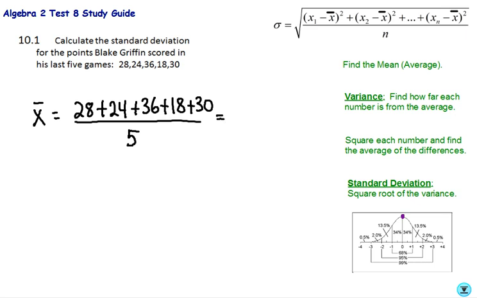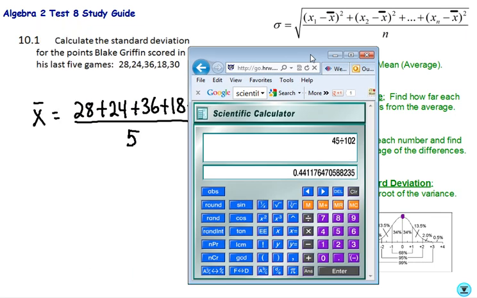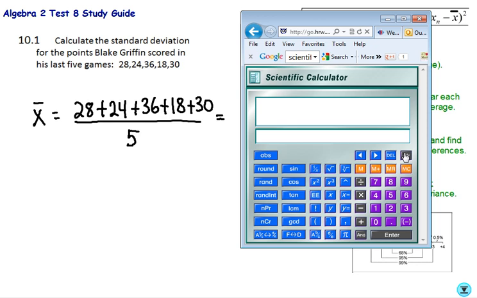All right, we'll use a calculator for this. Let me get my calculator back out. So I'm going to do 28 plus 24 plus 36 plus 18 plus 30. That's 136, and then we divide by 5, so we get 27.2.